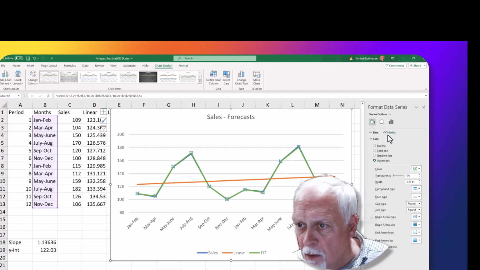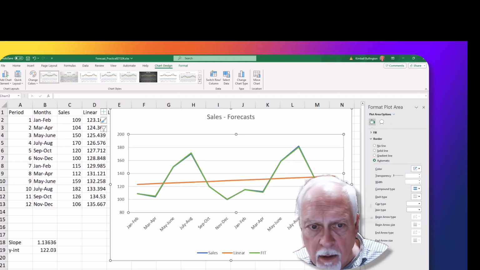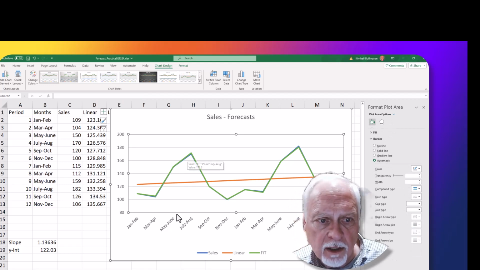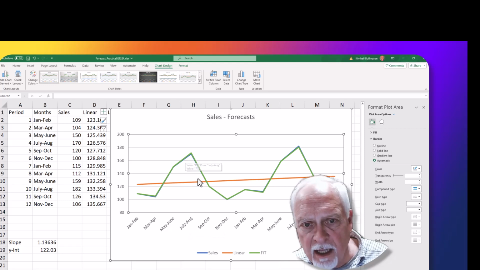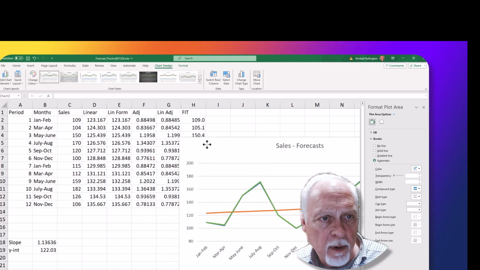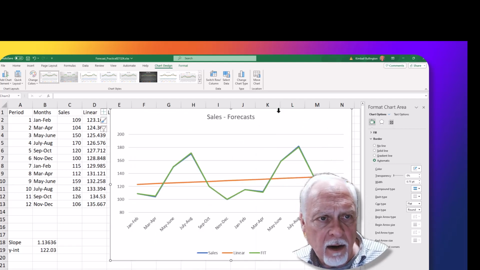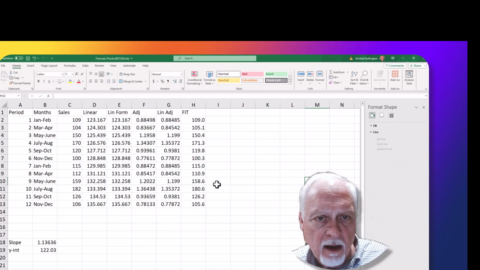Marker options. I'm not sure why they're not showing up, but if you look at it closely, you can see that the blue and the green are just overlapping, and that corresponds with our fit numbers. Let me go ahead and remove this for a moment.